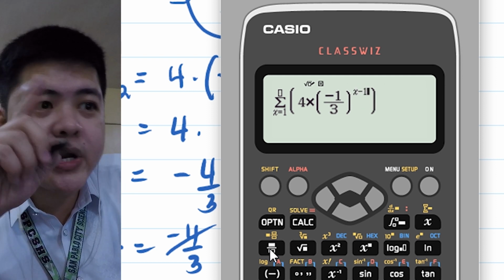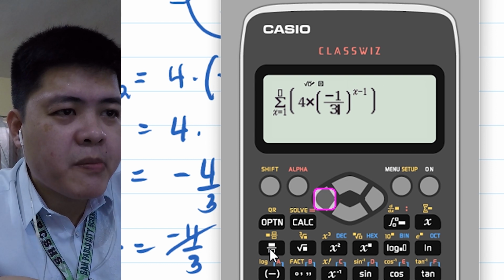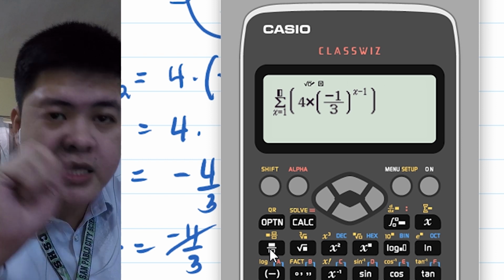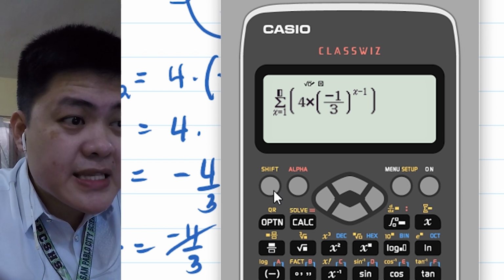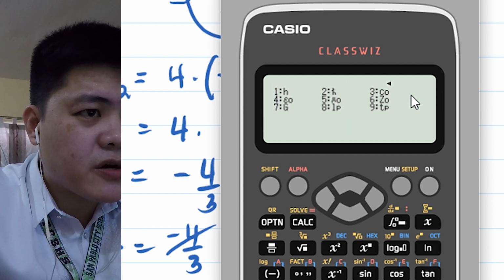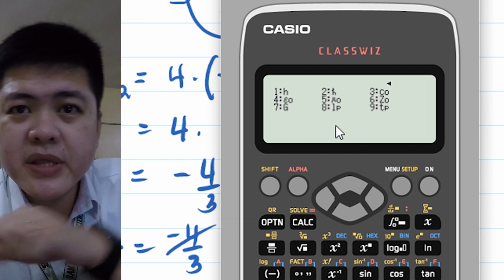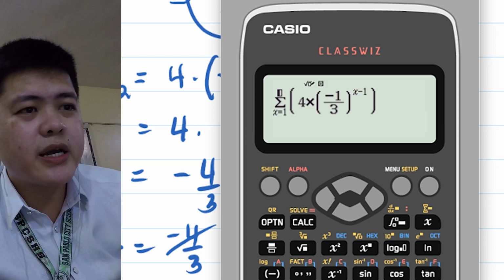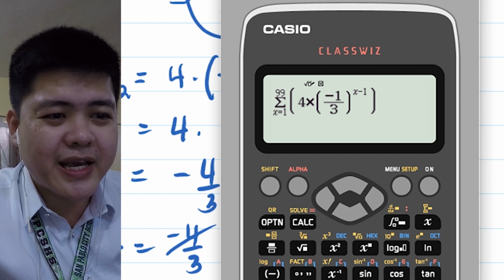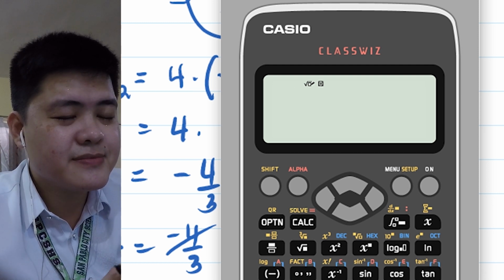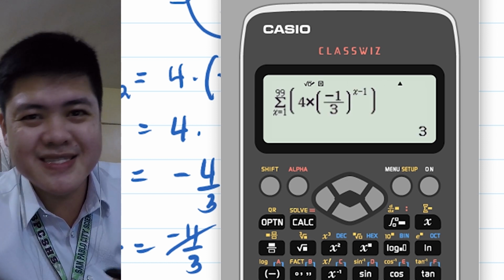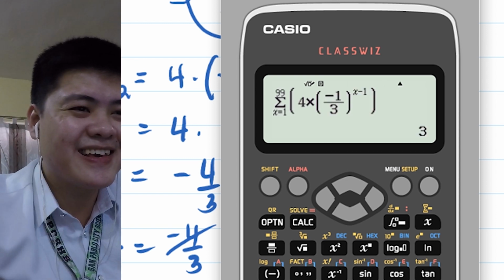Ngayon, wala pa tayong upper limit ng summation natin. Wala namang infinity dito unless meron na hindi ko alam. Let's see kung merong constant na infinity. Comment below kasi hindi ko alam. So, ang ginagawa namin dyan, 99. Pero 99 na lang ilagay natin. Let's see. Nag-iisip muna si Casio. Okay, the answer is 3.